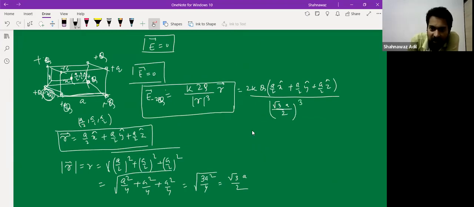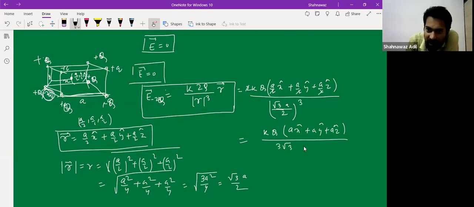Right, so this would be how much? So 2 times 2 is 4 and this 2 cancels, right? So this would be 3 root 3. So KQ and A X hat plus A Y hat plus A Z hat over 3 root 3 and A cube, and this is 8.